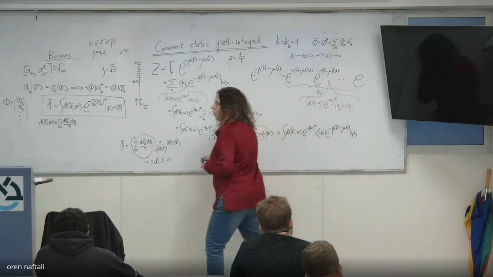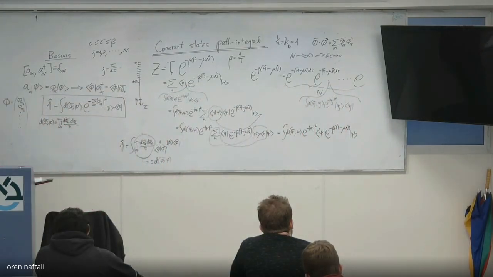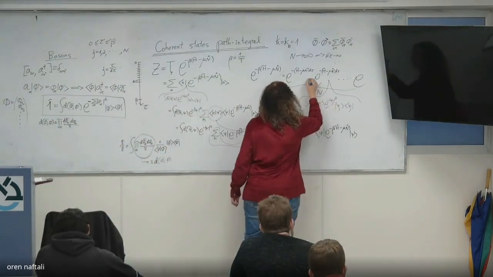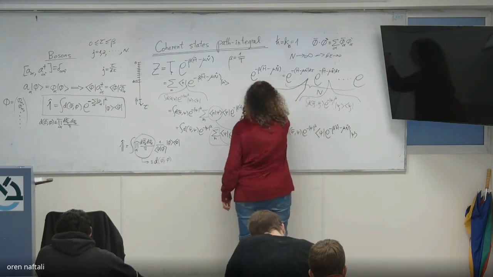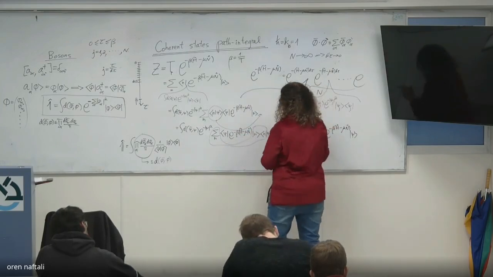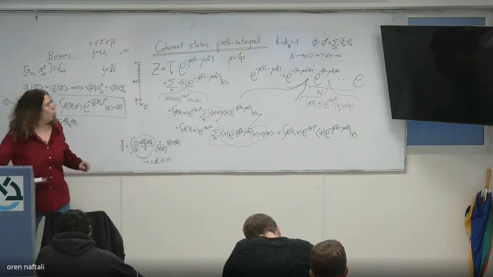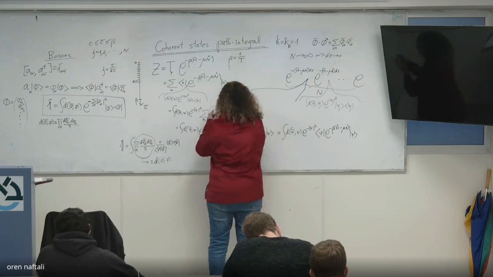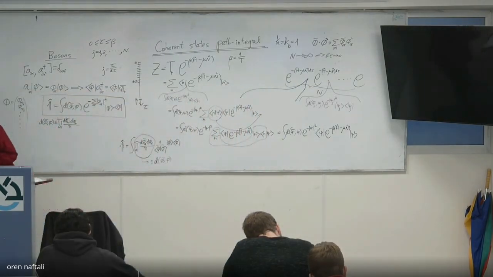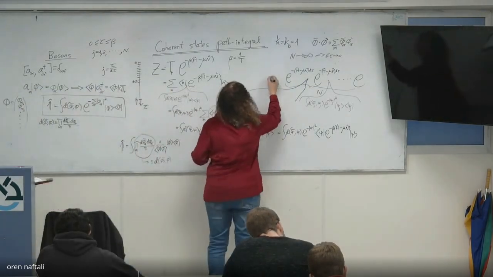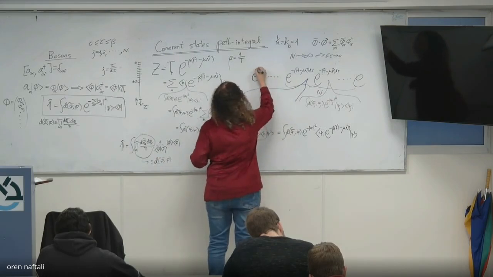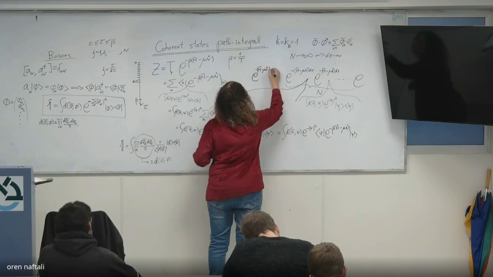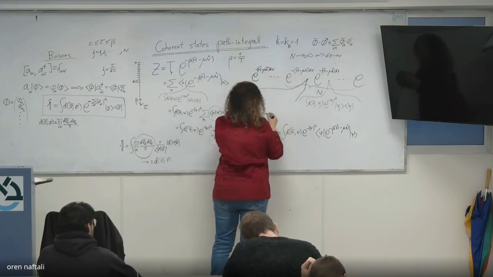So let me write it explicitly. I want it to be at some arbitrary point in the middle. Okay, so this is what I have. This is the last time step, and then I have a product of many things.